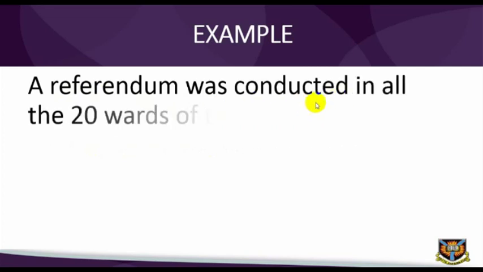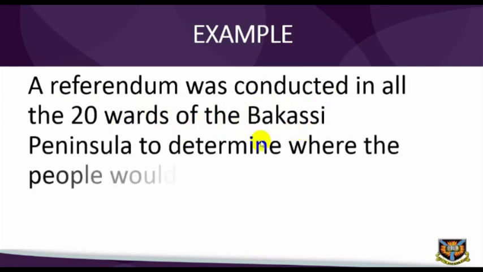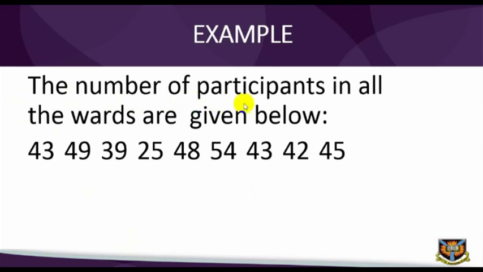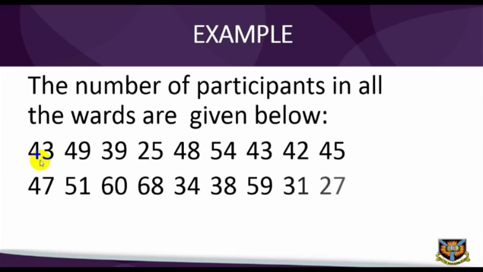Example 5.3. A referendum was conducted in all the 20 wards of the Bakassi Peninsula to determine where the people would like to belong, Nigeria or Cameroon. The number of participants in all the wards are given below: 43, 49, 39, 25, 48, 54, 43, 42, 45, 47, 51, 60, 68, 34, 38, 59, 31, 27.